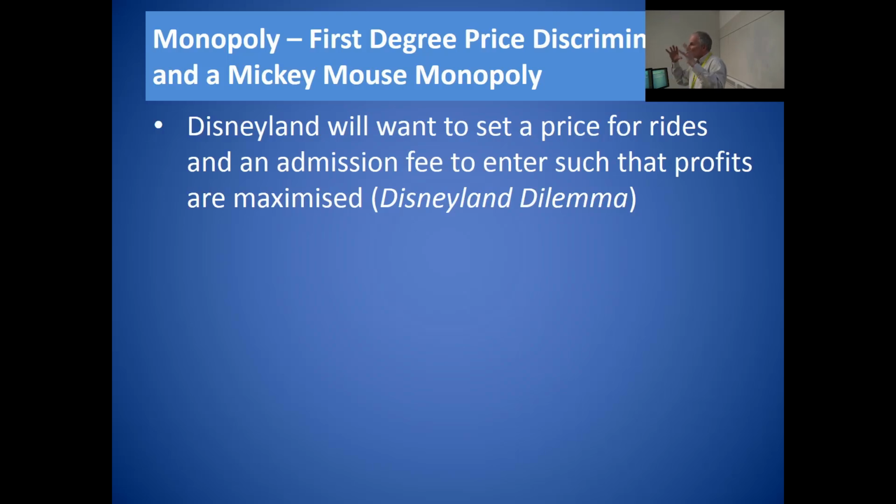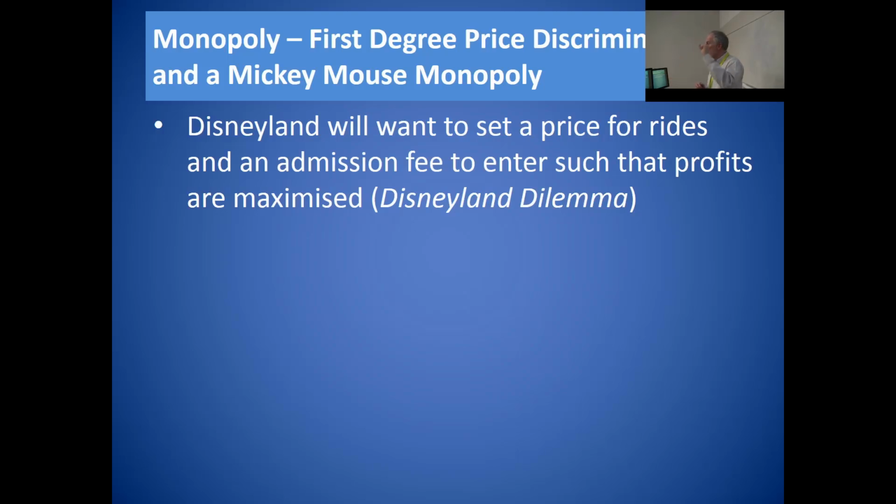What they do is they will have a theme park and they want to charge the customers a price of admission. They will also want to charge their customers a price for the rides and attractions available within the theme park. The problem is, though, that there's obviously an interrelationship between the two. So the theme park, or Disneyland in this case, has the dilemma.